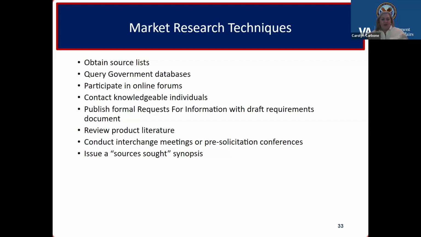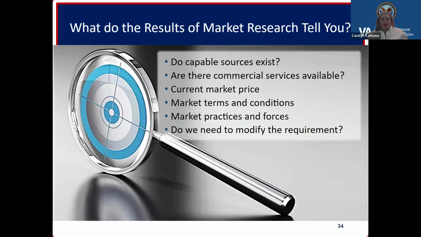I know we're short on time, so I'll swiftly move through these. These are some of the things that your market research could tell you. Your capable sources: are there commercially available services or products? What's the current market price for those? Terms and conditions. And a lot of times we'll use market research to see if we have to modify anything within our particular requirements that we've issued.